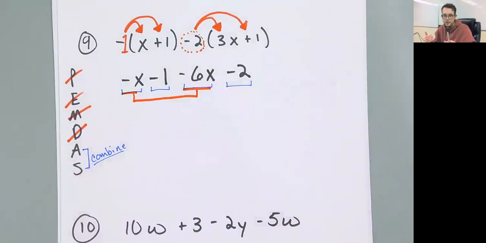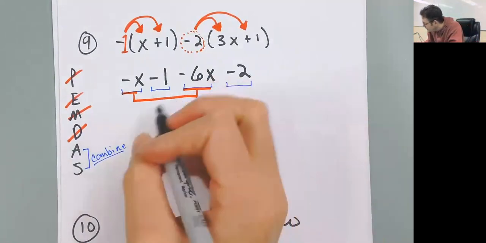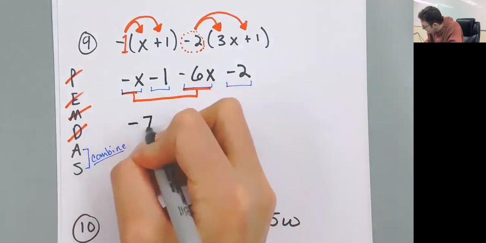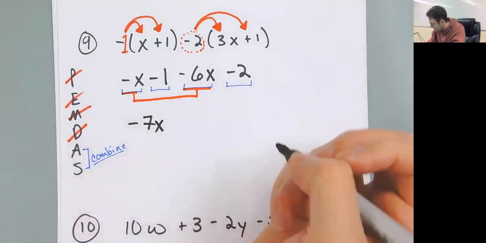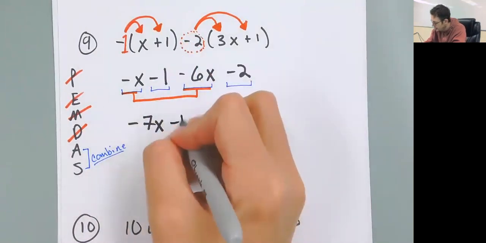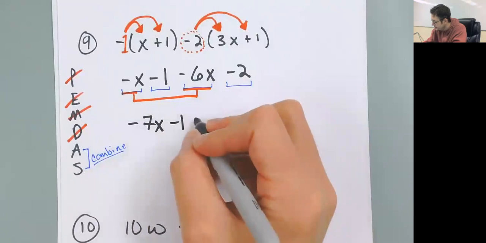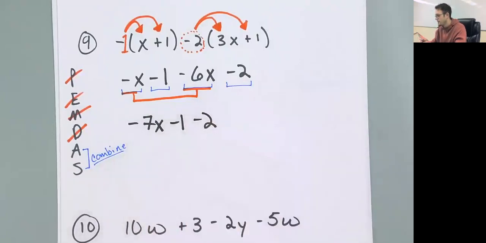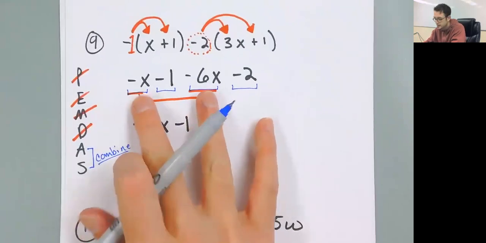So -x minus 6x is more negative. So -x minus 6x will give you -7x. All right, and I did not touch, see how I don't have the red line there? I didn't touch the -1. I didn't touch the -2. All I did was I combined the x's.